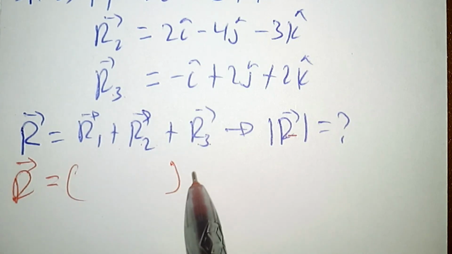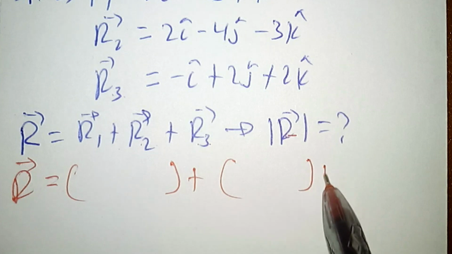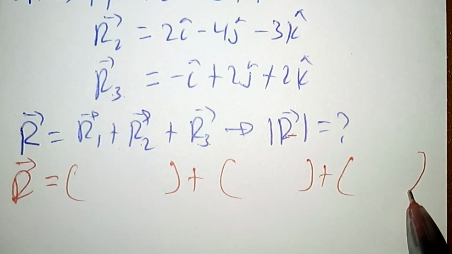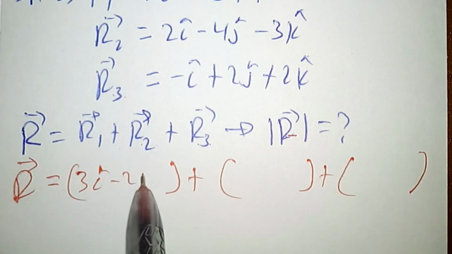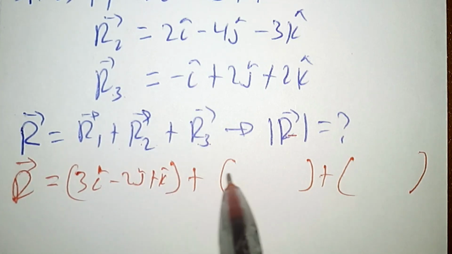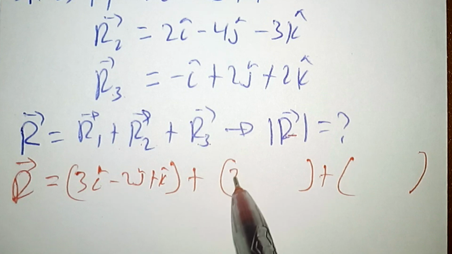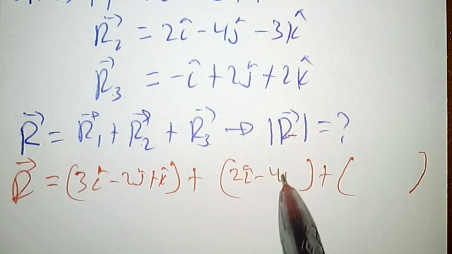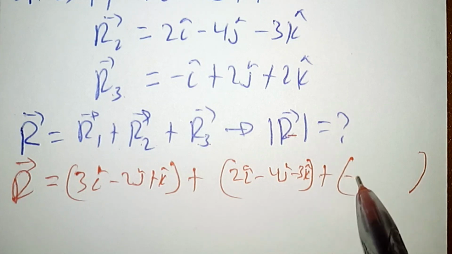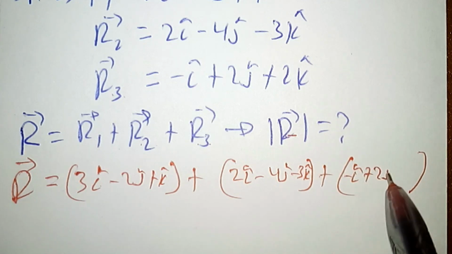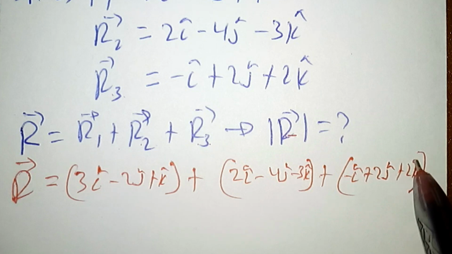We have three vectors, r1, r2, and r3. So r1 is 3i minus 2j plus k, r2 is 2i minus 4j minus 3k, and r3 is minus i plus 2j plus 2k.